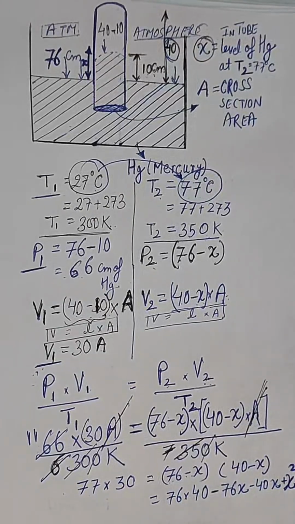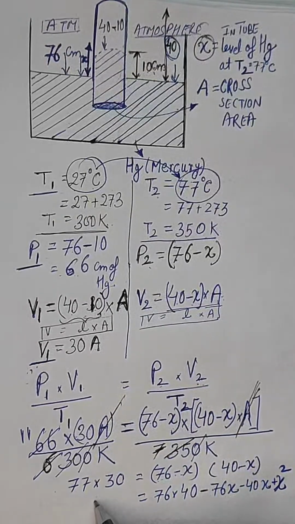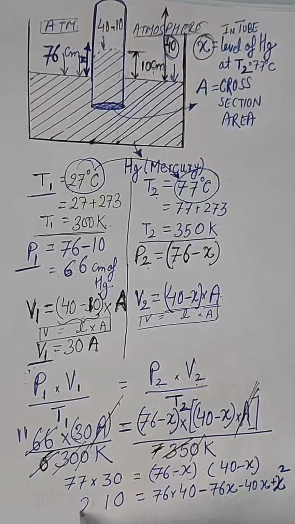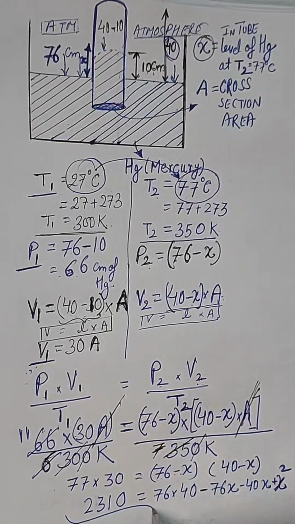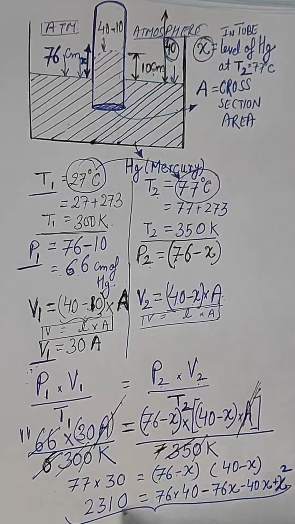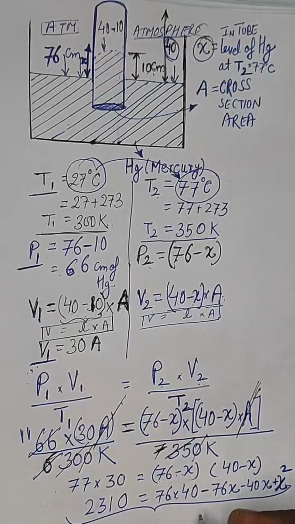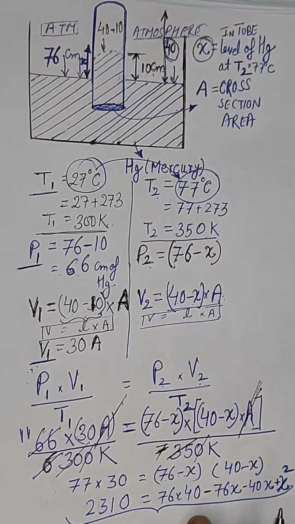So you can just solve it, my dear friend. 7 into 30 is 2310, right? Taking the constant to one side, if you want me to bring the quadratic equation, I can do it. But when you solve it, you get some value of x.